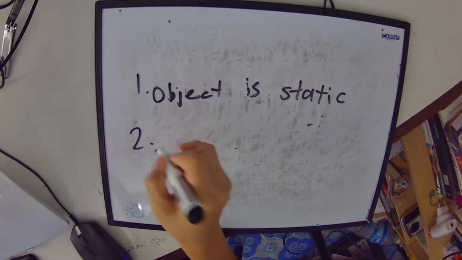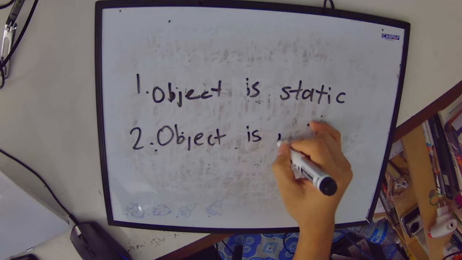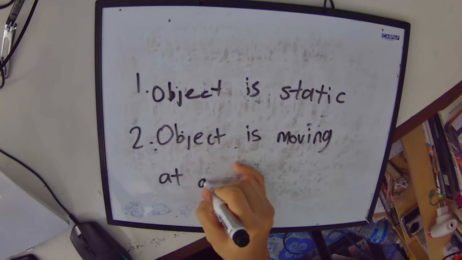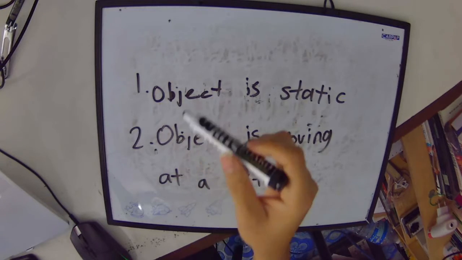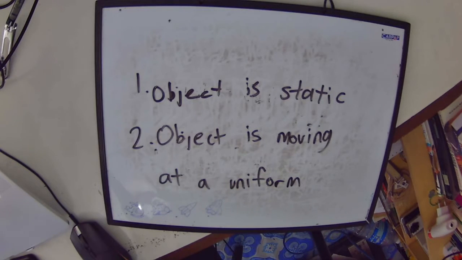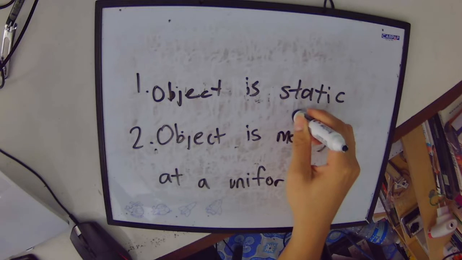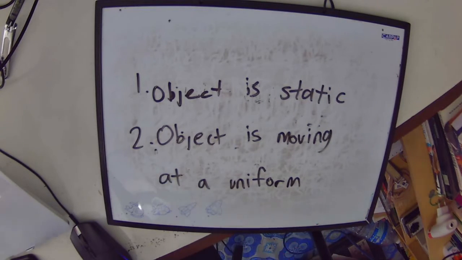Or the object is moving at a uniform speed. So these are the two possible situations where an object could be in a state of equilibrium. Sama ada dia dalam keadaan pegun, ataupun dalam keadaan bergerak dengan laju tidak berubah, a constant speed.